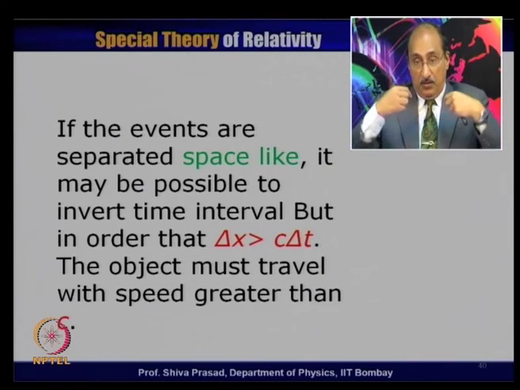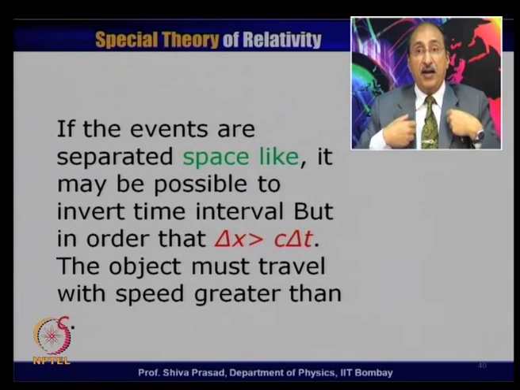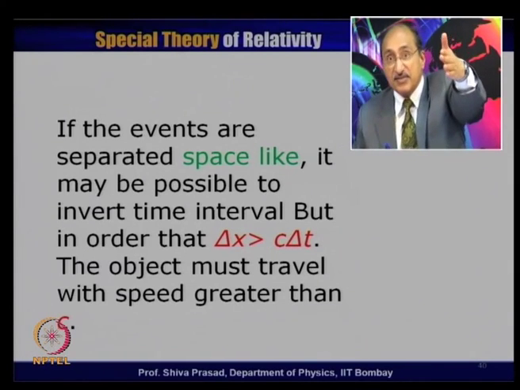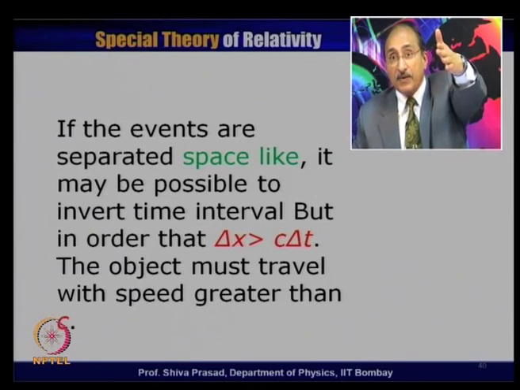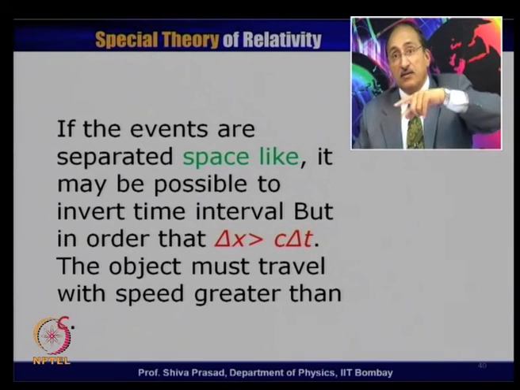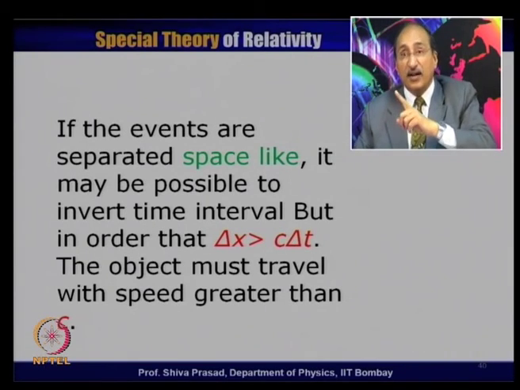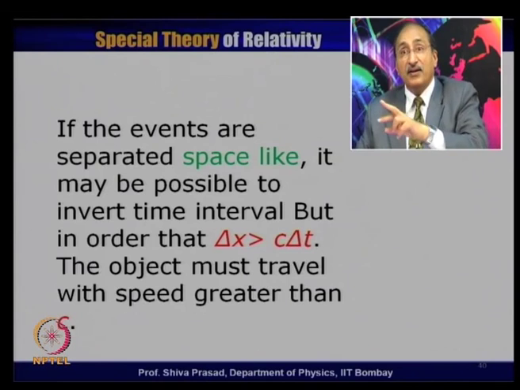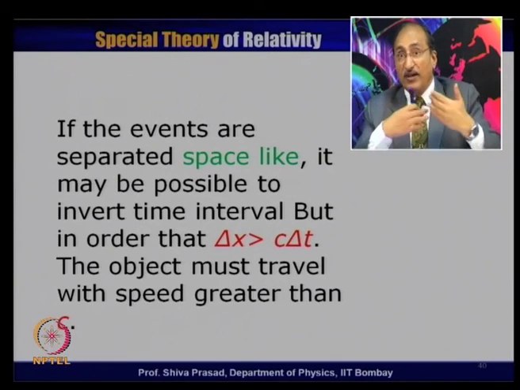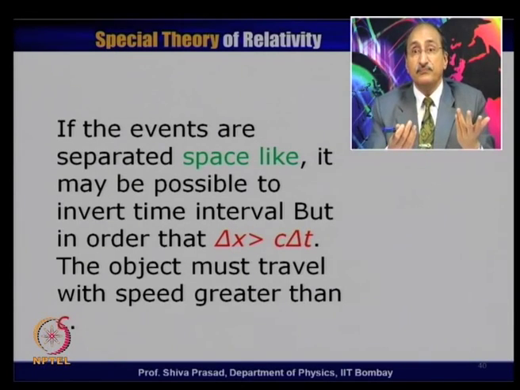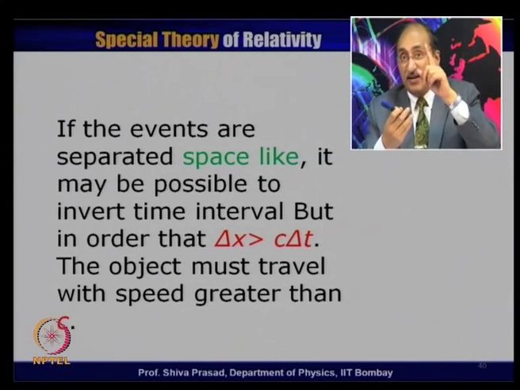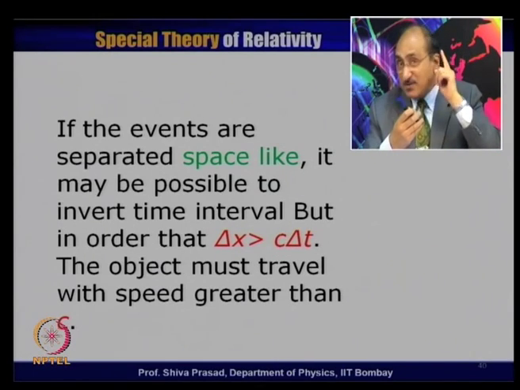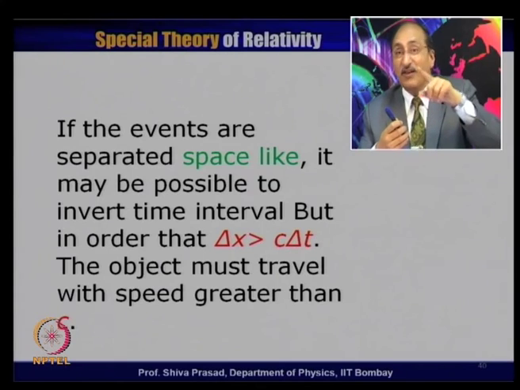If I am shooting the gun here and the person is dying, let us say, 2 kilometers away, then this distance should be larger than c delta t. It means the bullet must have traveled with speed greater than c. Then only can the correlated events become space-like. And it is only in space-like intervals, when delta x is larger than c delta t, that it is possible to reverse the time interval.